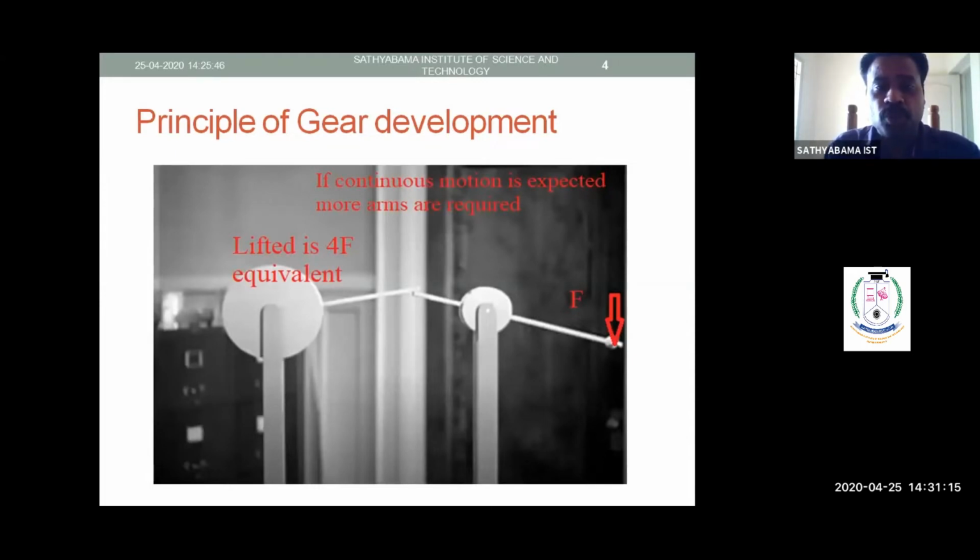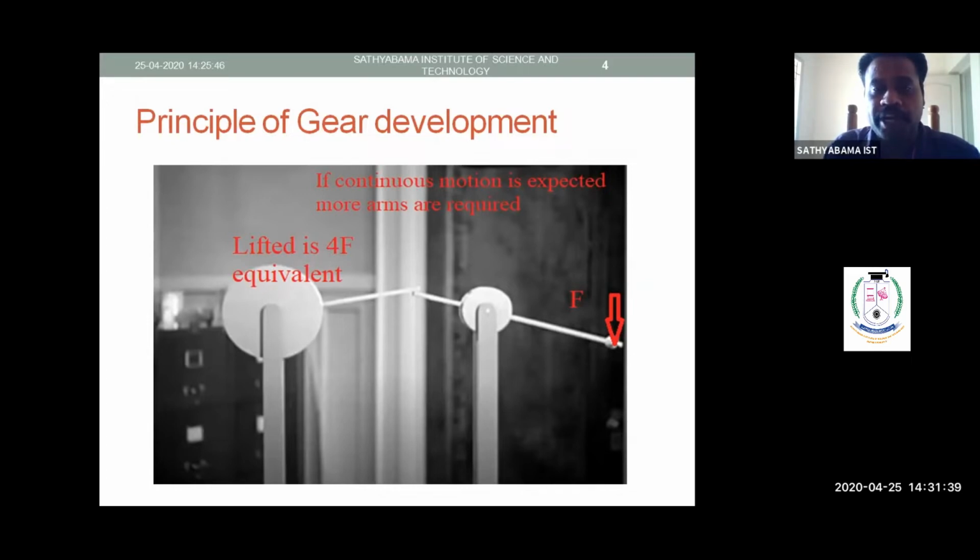And the two horizontal rods you are seeing, they are called levers. At the right end, they are applying a very small force F. Because of this F, that lever is lifting up. Since it is connected to the left side lever, it rotates the left side lever. Since the disc is also connected, the disc will be rotating.